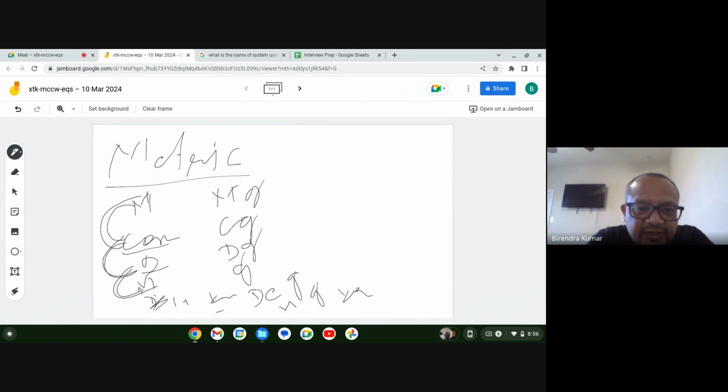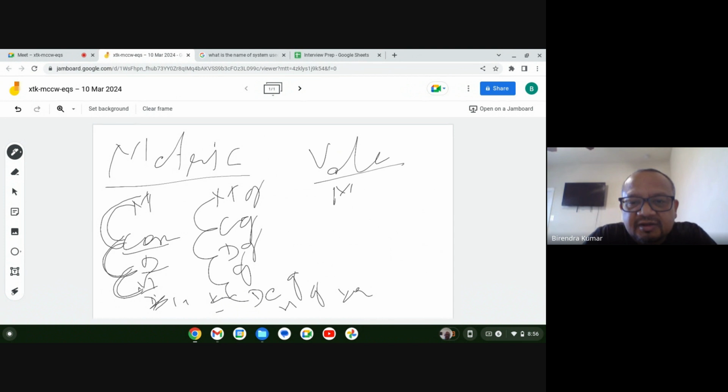And the same multiplication of 10 thing comes into picture here also. If you extend that to volume, that is where we learned about milliliter, centiliter, deciliter, liter, decaliter, hectoliter, kiloliter.